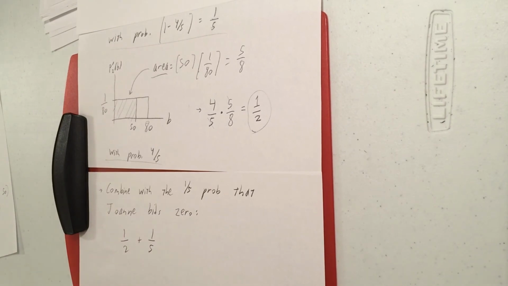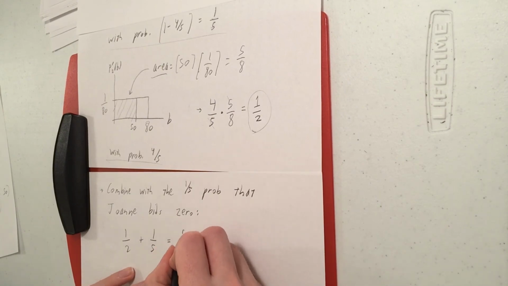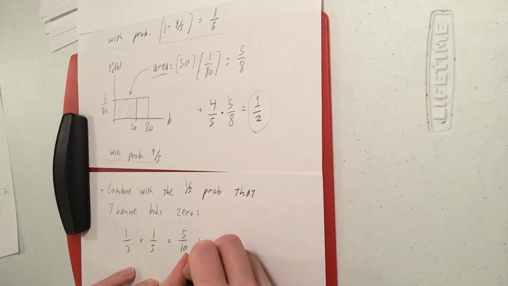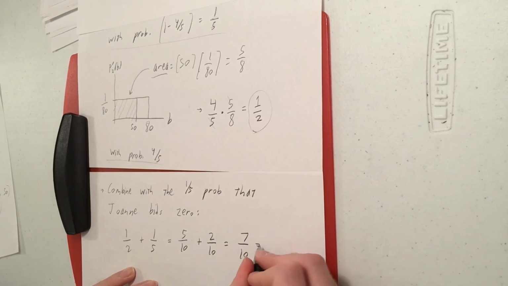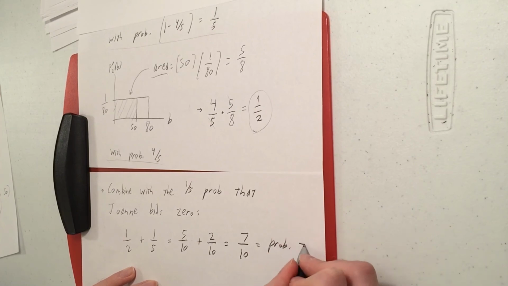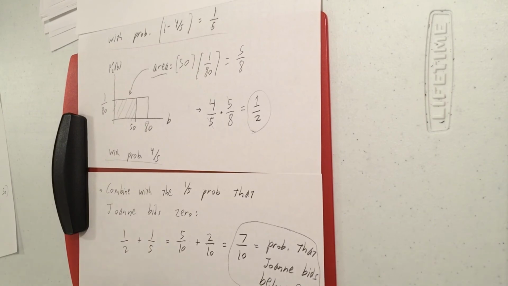Let's get a common denominator. So 1/2 can be written as 5 over 10. 1 over 5 can be written as 2 over 10. That comes out to 7 over 10. So that's how likely it is that Joanne bids below 50.